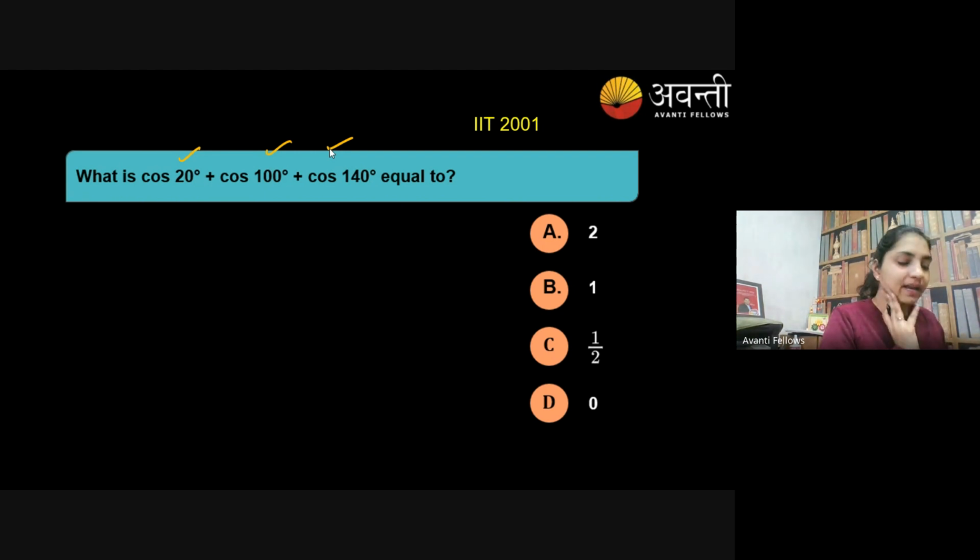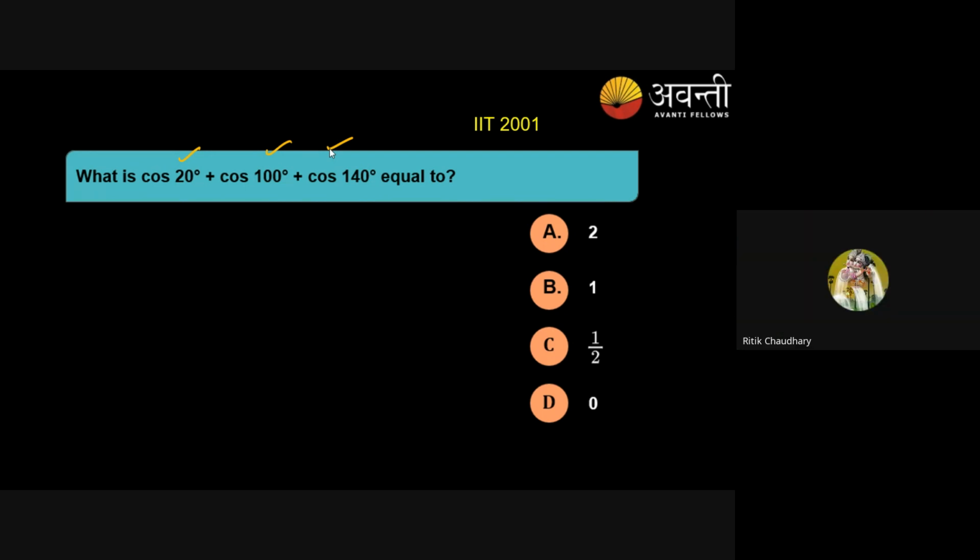So, Ritik, can you explain? 2 cos 20 plus cos 150, bracket, plus cos 90 plus 10 degree, bracket.